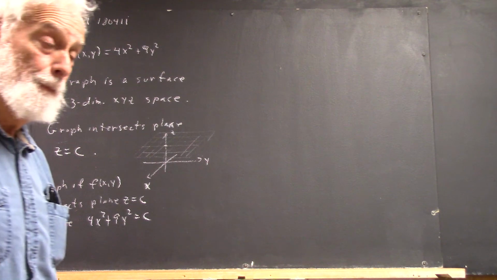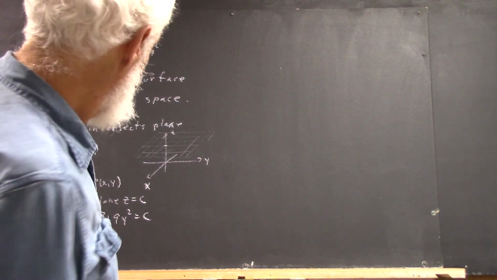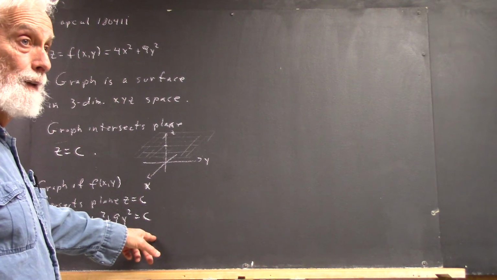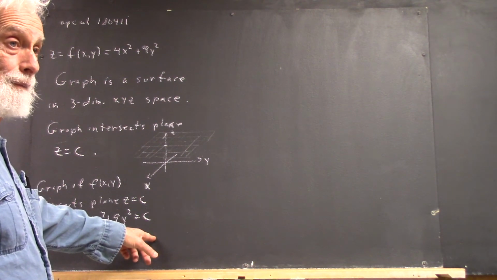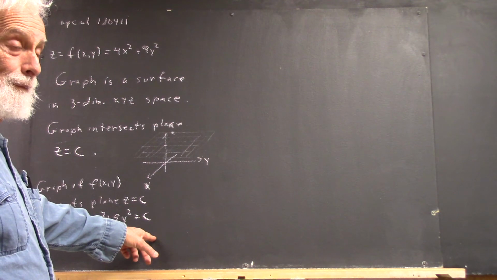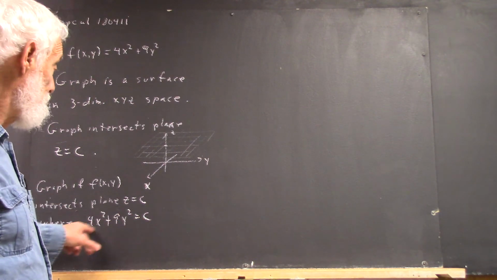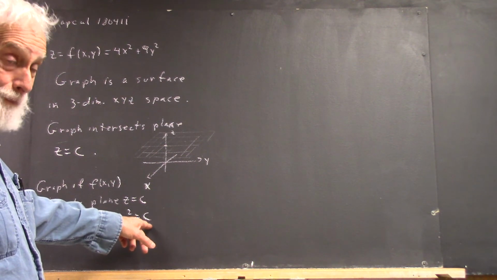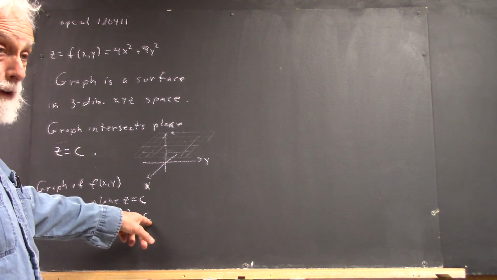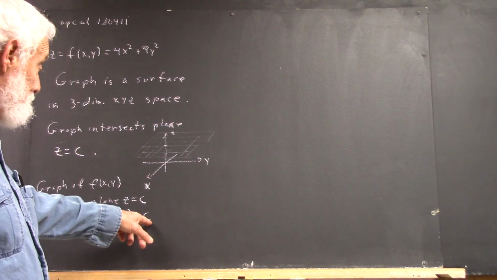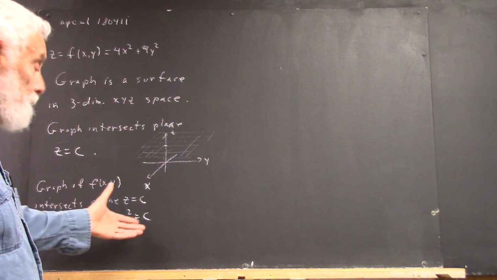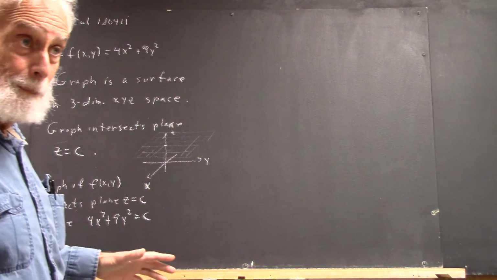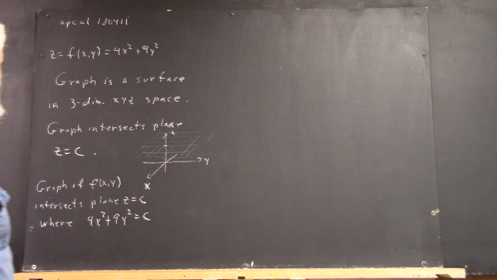Okay? Make sense? Now what shape is this? Just like a square, or is it? Well, if you divide by C, you get a 1 over here, right? On this side, if you divide both sides by C, you get 1 here. Okay? And that gives you the equation of an ellipse, like we talked about last time. Okay?